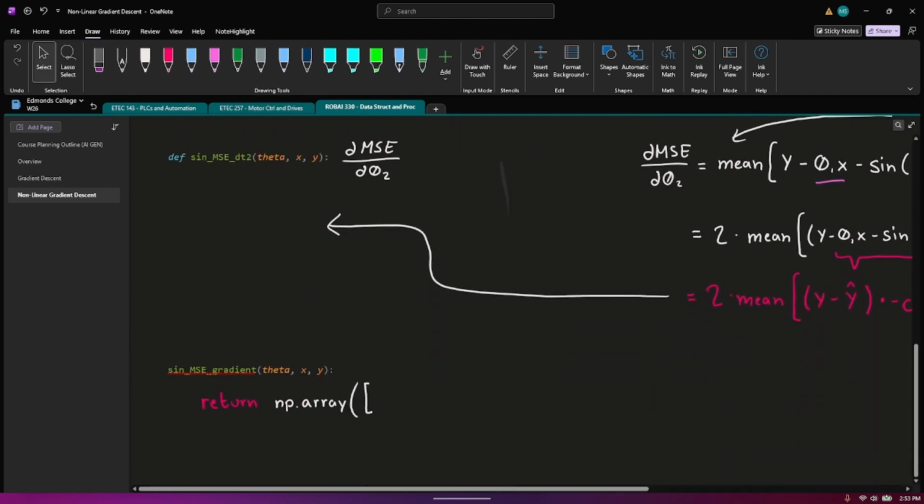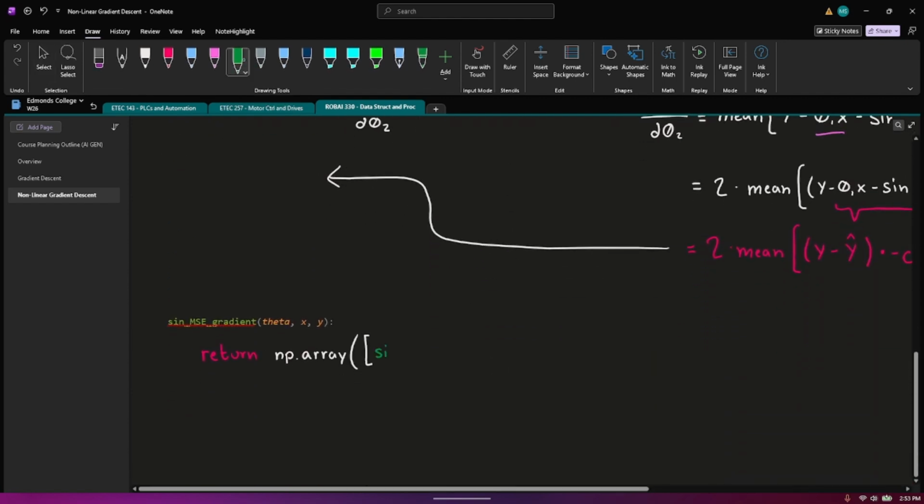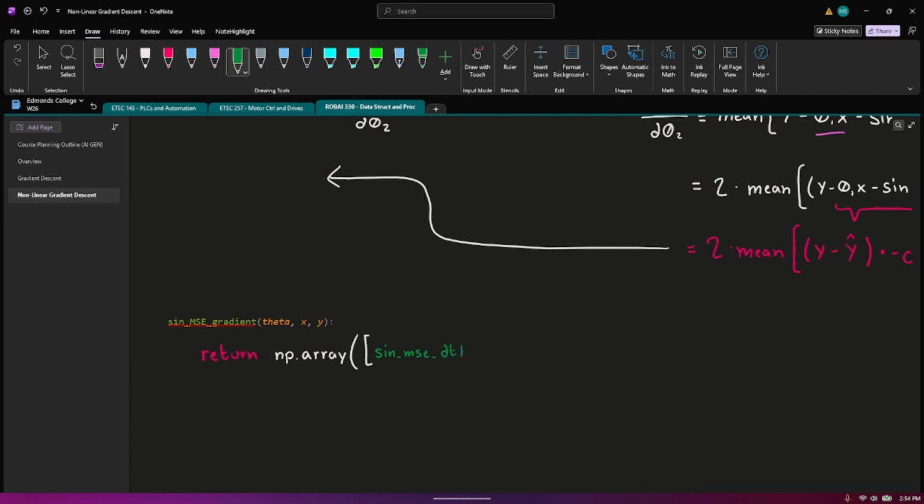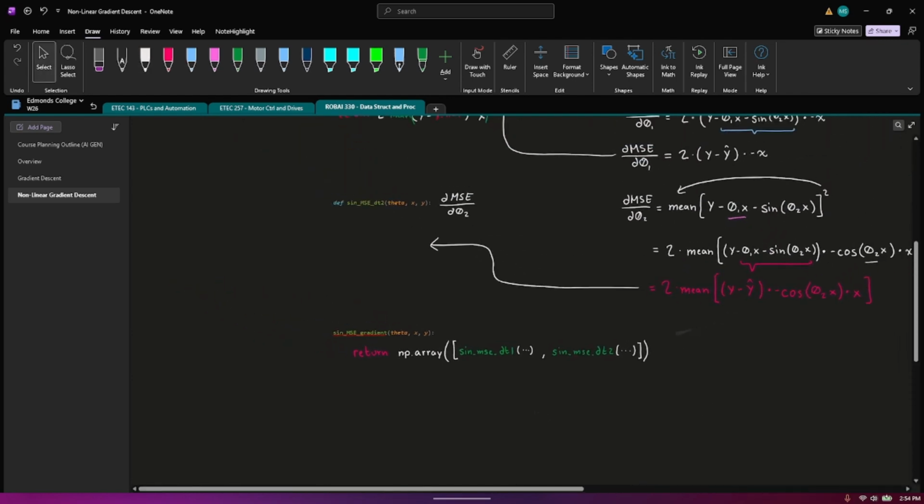So sine MSE dt1, of course passing the correct corresponding values, which are given right here, comma, sine MSE dt2, that second derivative. And again, this is just to nicely bundle up our gradient. And that should be it for this lab.